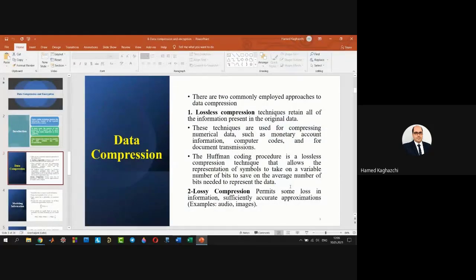One of these techniques is called Huffman coding. I will talk about the Huffman code, and you will learn how we can compress data using Huffman code. In the lossy compression technique, some loss of information can occur. For example, we can lose information in audio data or images and so on.